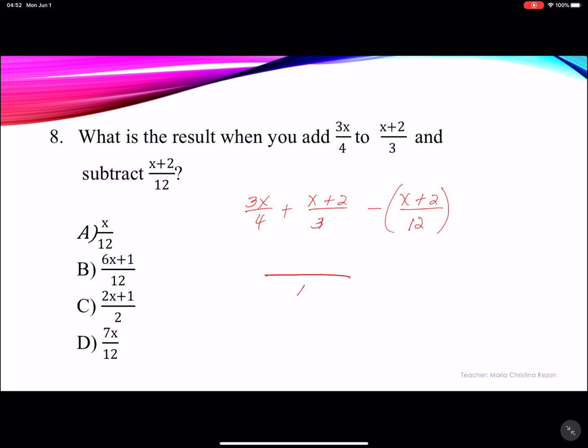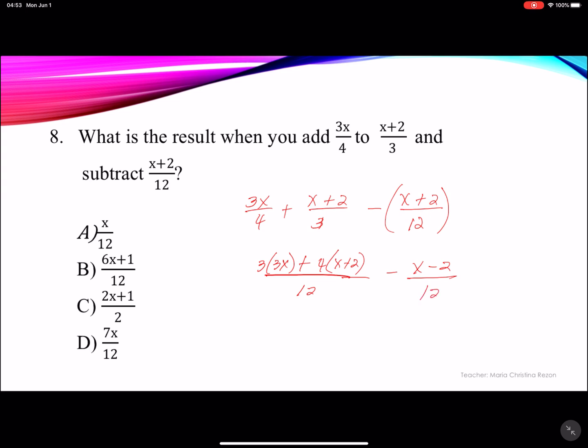Okay, so you add this first. Get the common denominator, the lowest common denominator, which is 12, and that gives you 3 times 3x. Then plus, what is left is 4 times x plus 2. Okay, and this will be minus x minus 2 over 12.